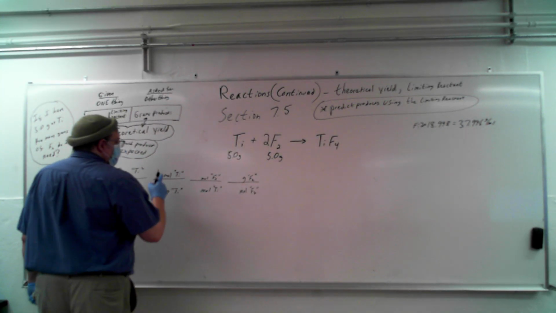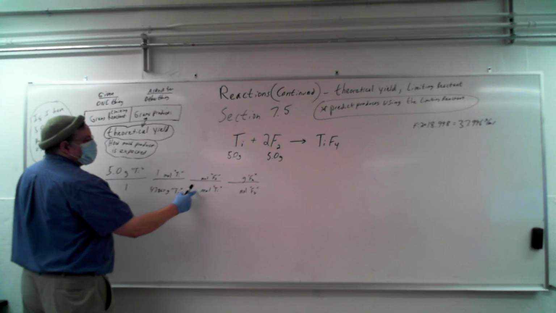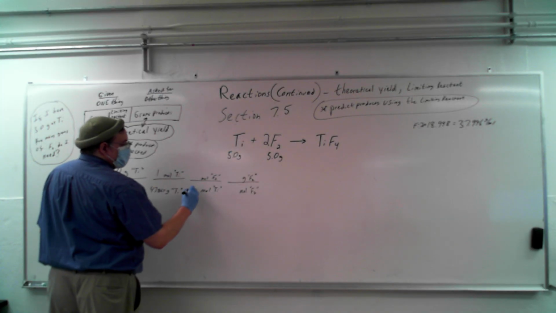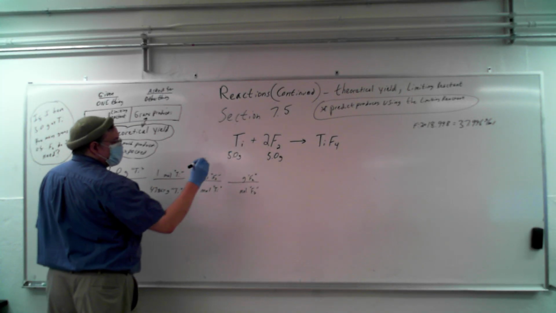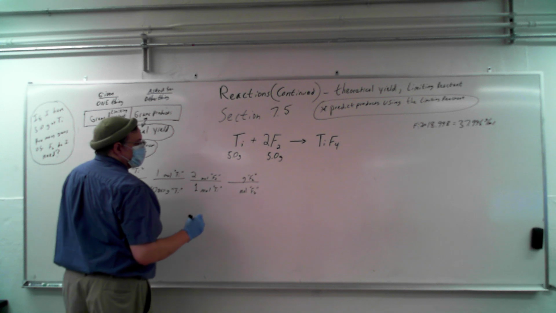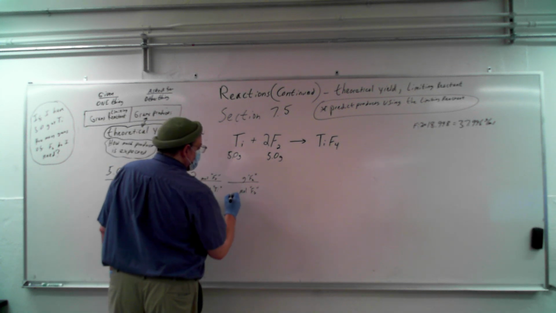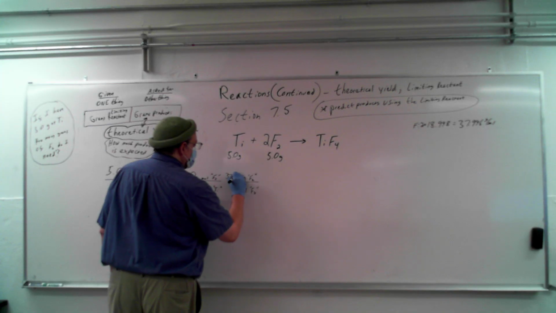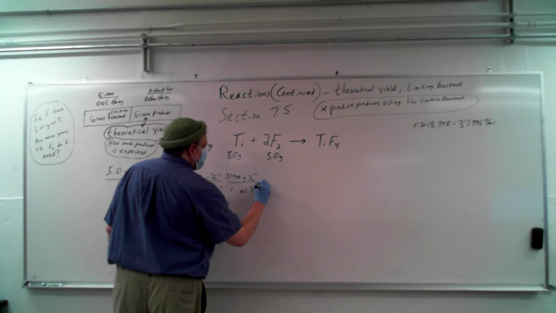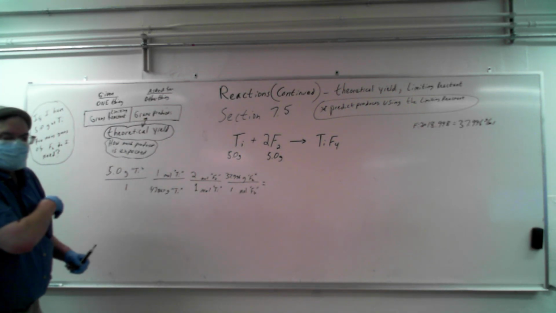So this is the grams per mole of titanium. This is the molar relationship here. So it's 1 mole of Ti, 2 moles of F2, and then the grams per mole of F2, 37.996. This is going to tell me how much F2 I need.